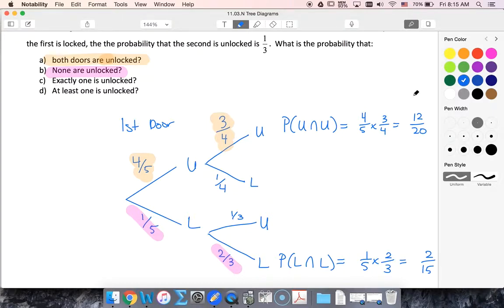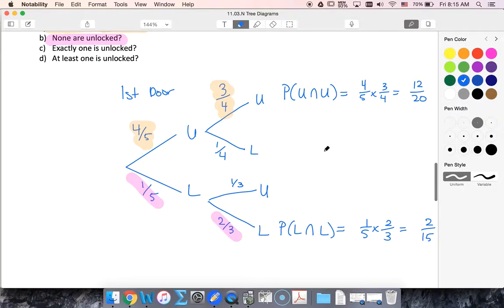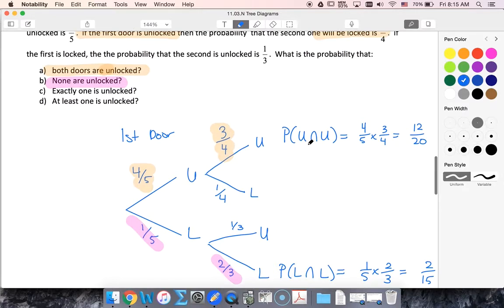Exactly 1 is unlocked. Well, that's my 2 that are missing here. So I could either use complementary events, or I could find my 2 probabilities. So exactly 1 unlocked, the probability of exactly 1 U, that's going to be 1 minus the probability that I have unlocked and unlocked, or locked and locked.